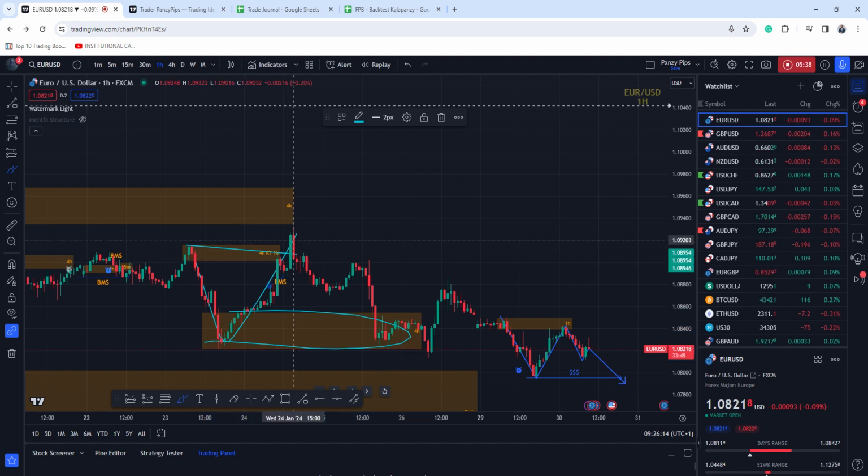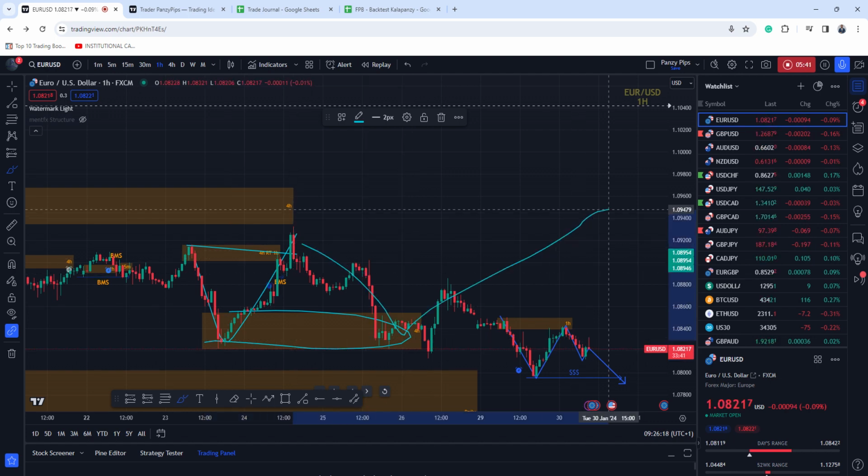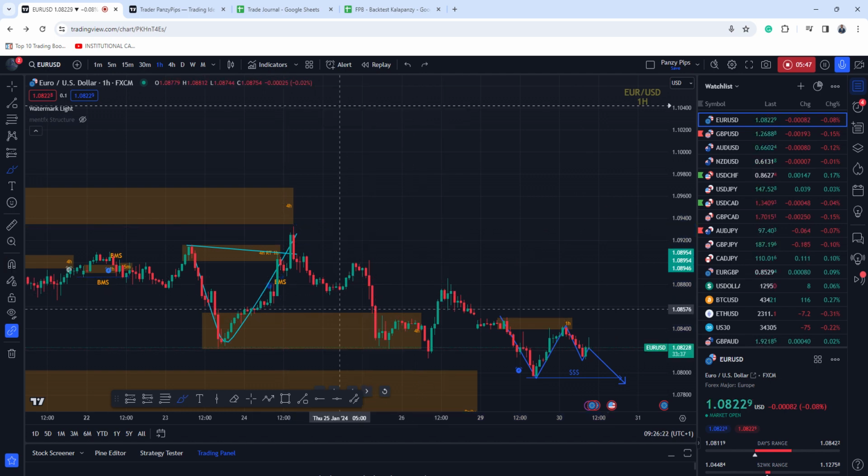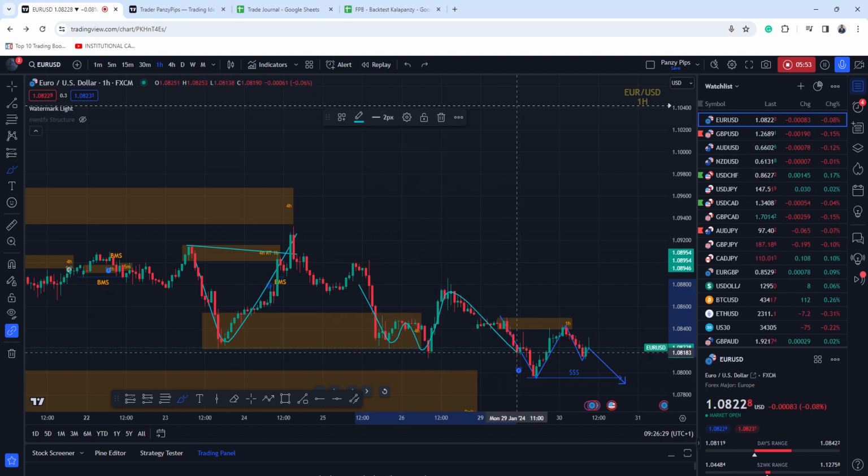We wanted to see market come, retrace into this zone, and then give us a systematic movement to the top, come and clear out this high. But we didn't see that happen. We saw market come into it, try to reject, came into it again, try to reject, but eventually yesterday it fell through, so our bullish perspective on the 1 hour is gone. Now we are completely bearish on this time frame.